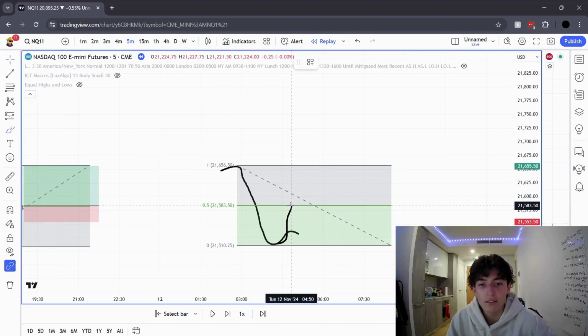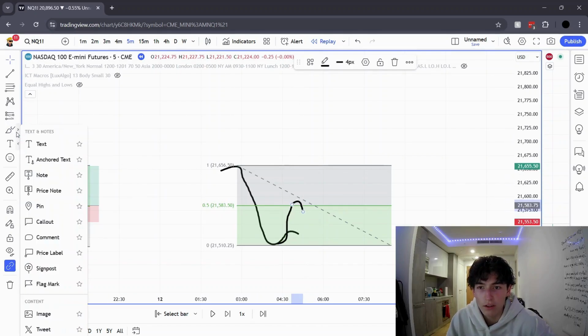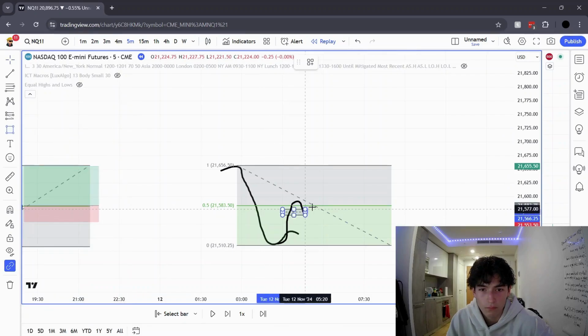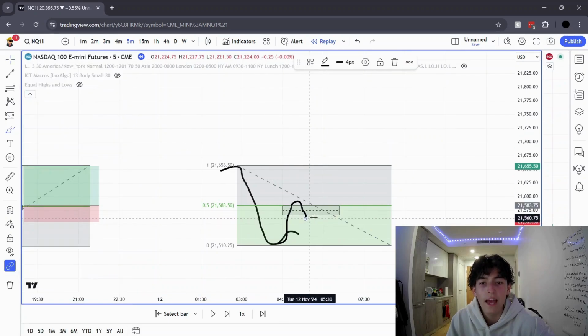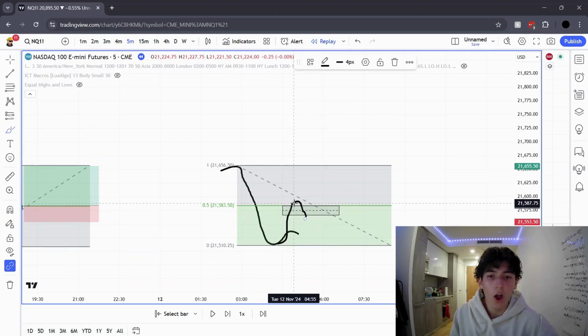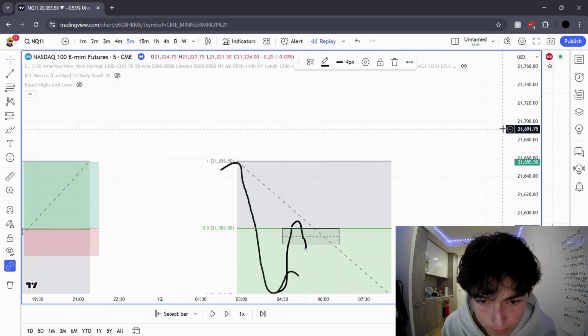I need to wait for my strategy to play out. Say it forms a fair value gap right there. Boom. Closes below it. That's when I would enter, right? I wouldn't enter off the retracement to the middle of the range. That makes no sense. I would always wait for my strategy.